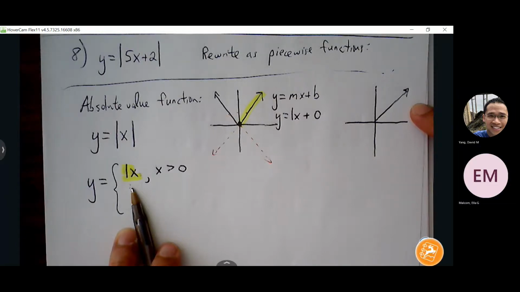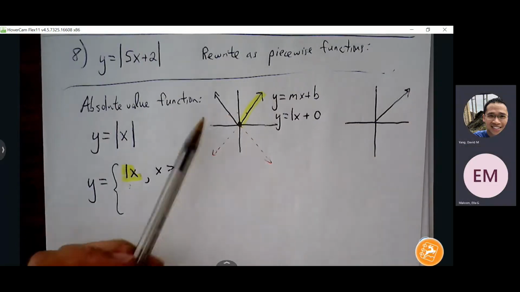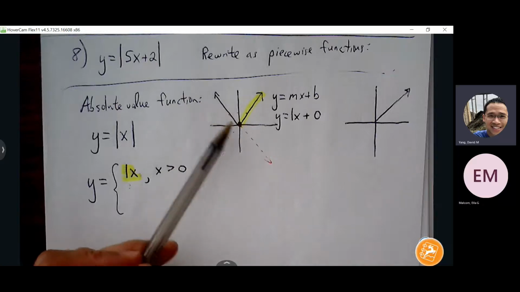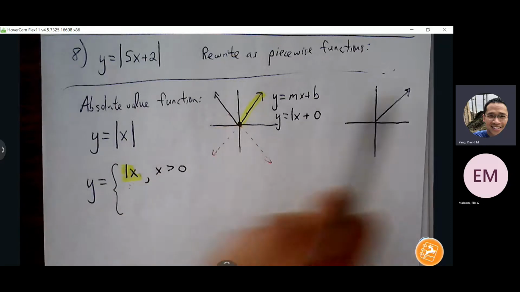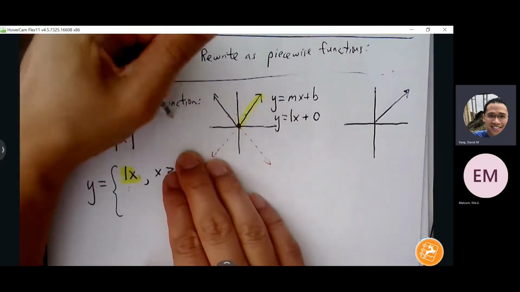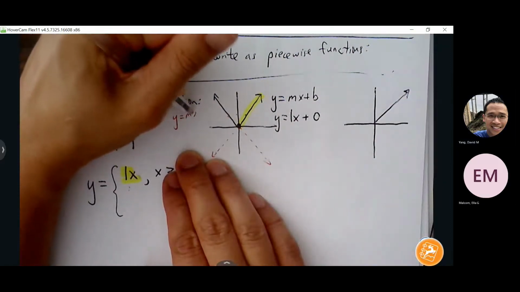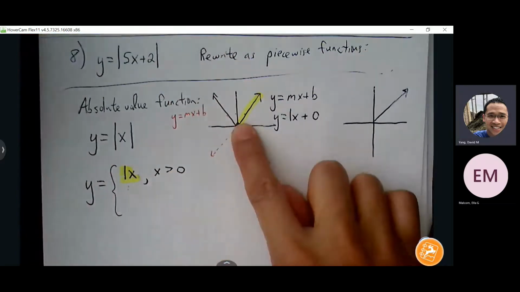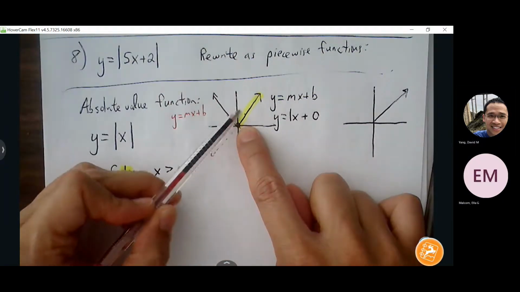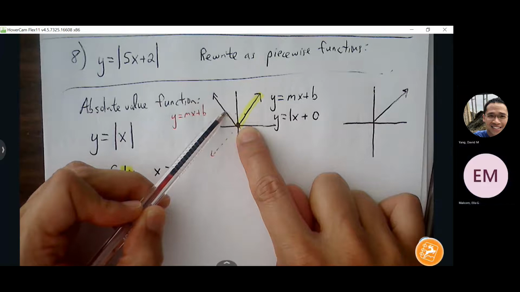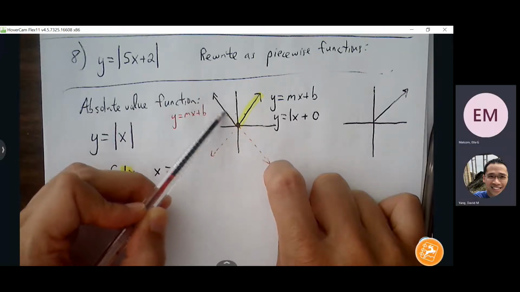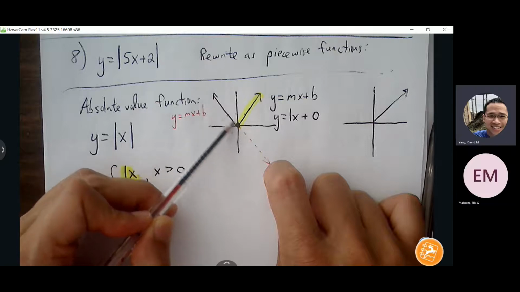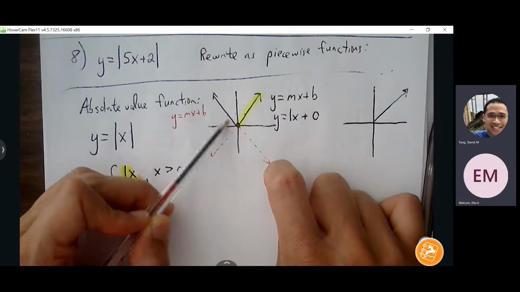Okay. So now I need to create the other side of it, because this graph can also be rewritten as y equals mx plus b. But now what's the slope of this line? Same thing? Okay, but what's the slope? Oh, negative 1x. That's right, it's down 1 over 1.